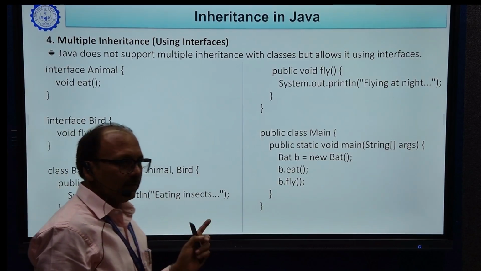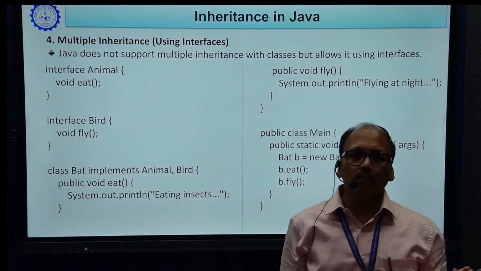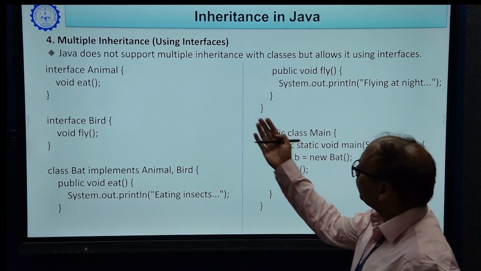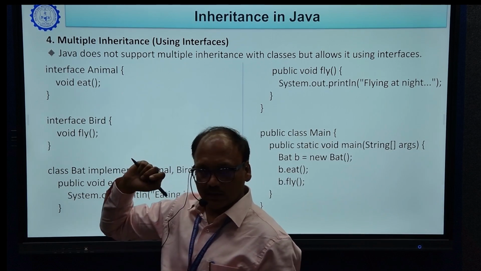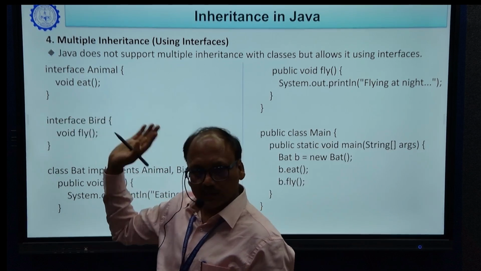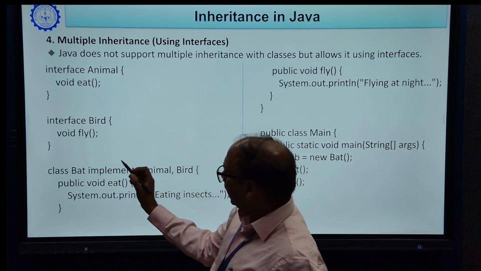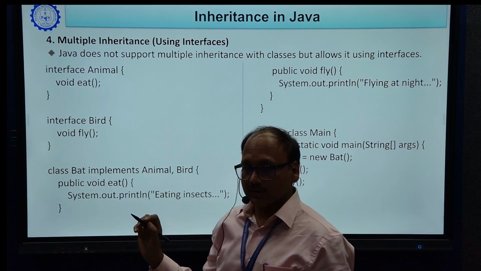So I am saying that a child class acquires the property of more than one parent class. So instead of creating a parent class, we will create an interface. The animal is one interface, bird is another interface. Both are having the method eat, right? So we are creating a child class bat inheriting these.